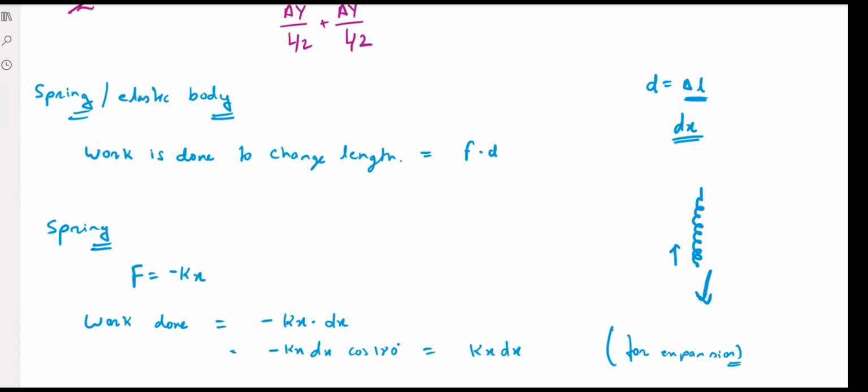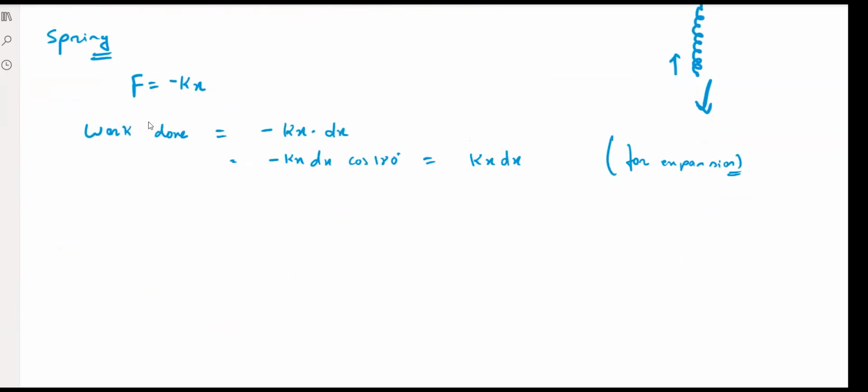Right, for contraction also same thing will happen. Now this is dw, which is kx dx. Now w is what, integration of this, makes sense, yes or no. So integration of dw is just w, and k is a constant, integration of x dx from 0 to x, let us assume, right.